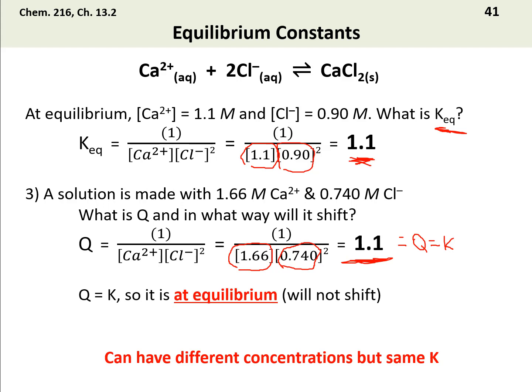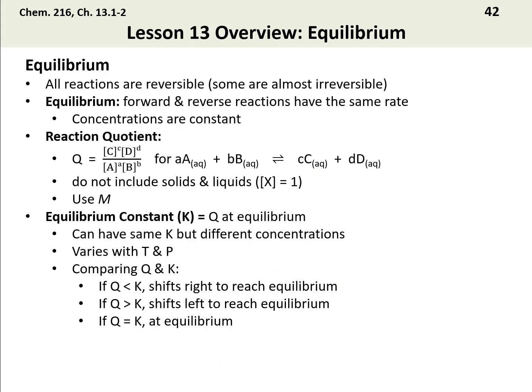If all of a sudden I now have $2,000 and he has $2 billion, he still has $1 million for every $1 I have, because it's a ratio. So just because you have the same K doesn't mean your concentrations are going to be the same, but the math is going to work out to get that same ratio.